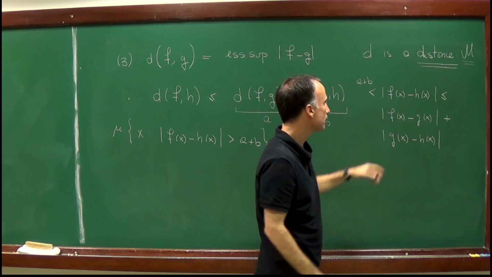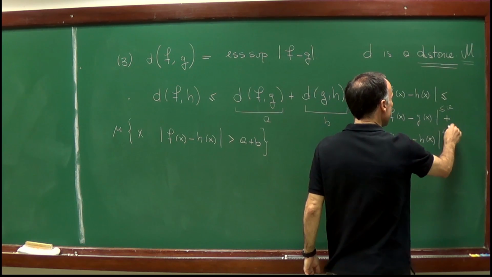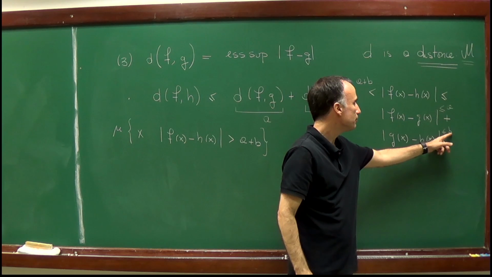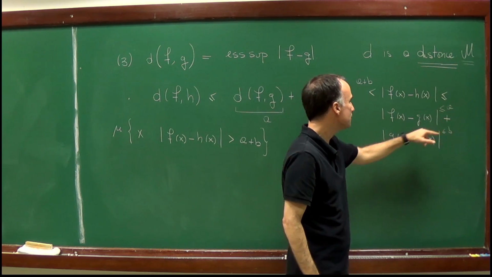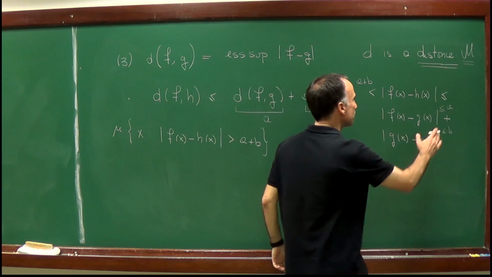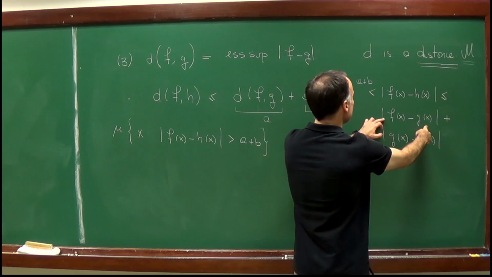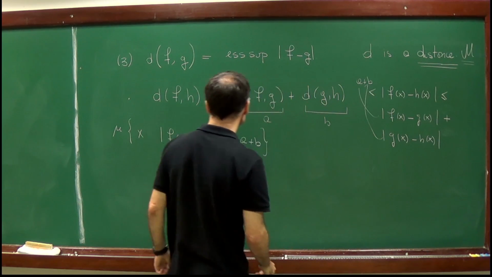Because if |f(x) - g(x)| was less than or equal to a, and |g(x) - h(x)| was less than or equal to b, then this difference would be less than or equal to a plus b. But we know it's larger than a plus b. Okay? So either this one is larger than a, or that one is larger than b.